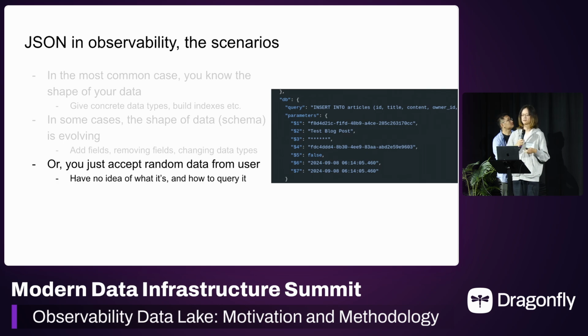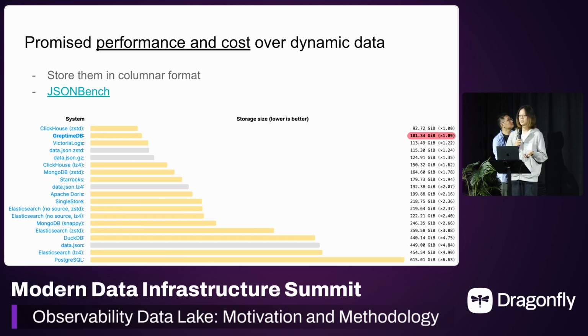To resolve all of these and bring you the promised performance and cost for your entire data and your system over that dynamic JSON data, we have made some optimizations.